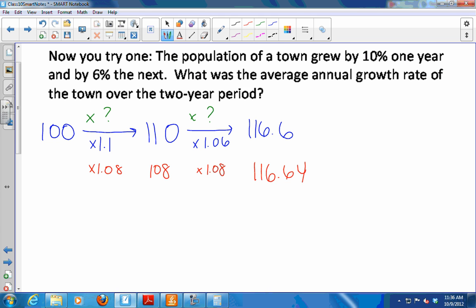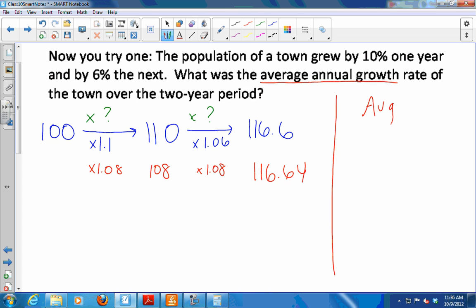Yes, so when they ask for the average annual growth rate, the whole point of the last example we did is that averaging your two percentages doesn't work. In this case, it came out pretty close, but instead of doing the arithmetic mean, a plus b over 2, we're going to take the geometric mean: multiply them, and square root them.